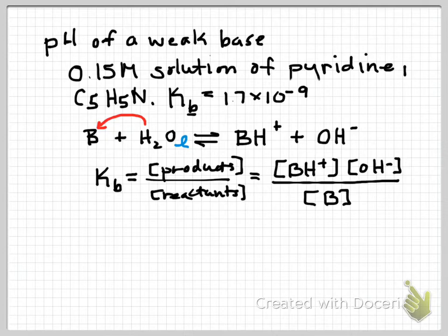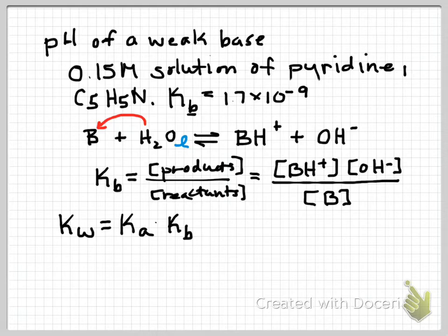Now, sometimes you are given, instead of Kb in the problem statement, Ka for the conjugate acid. To go between Ka and Kb, the relationship holds that Kw equals Ka times Kb.